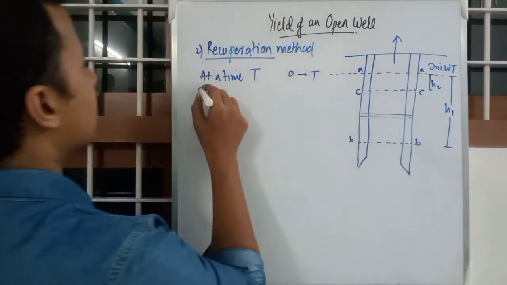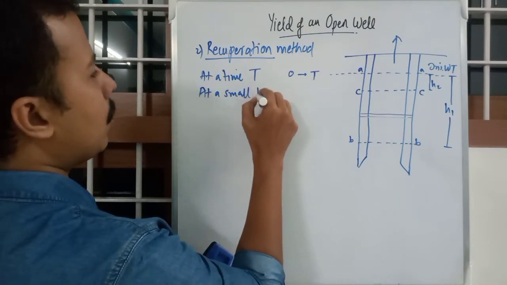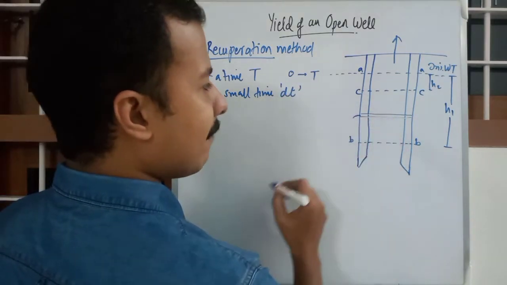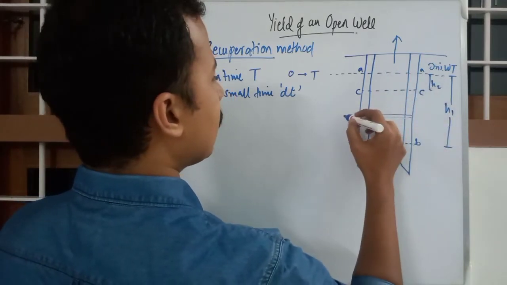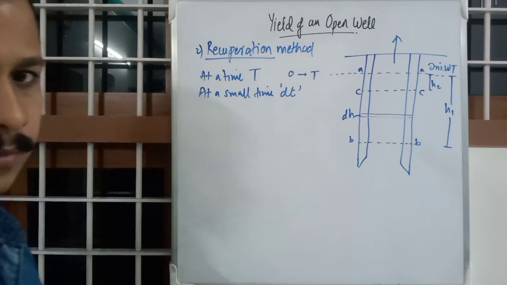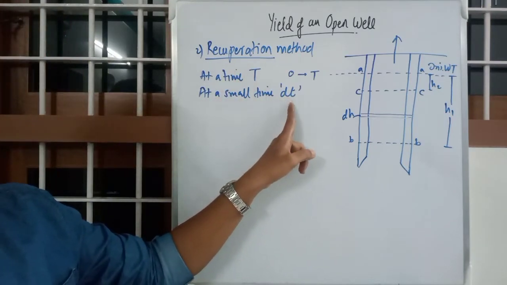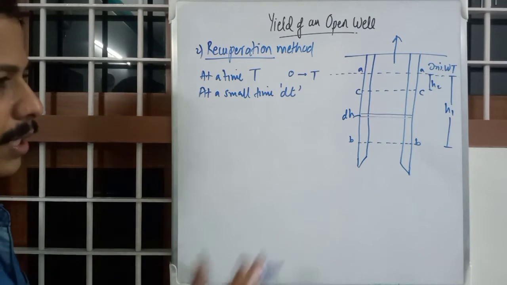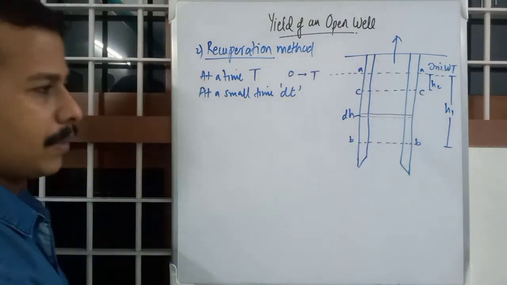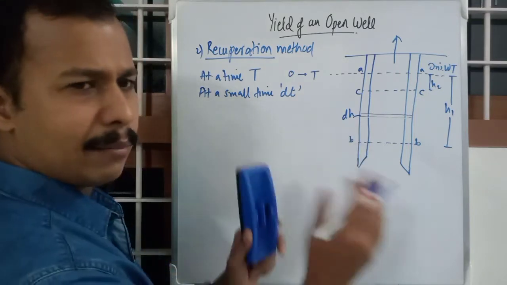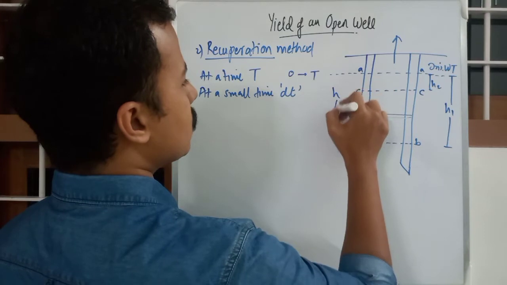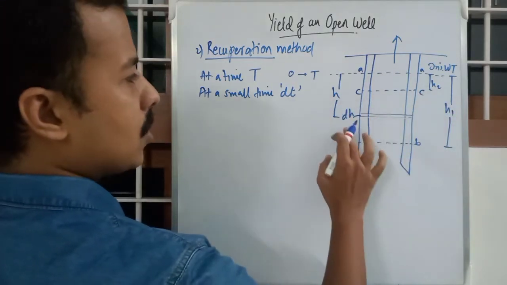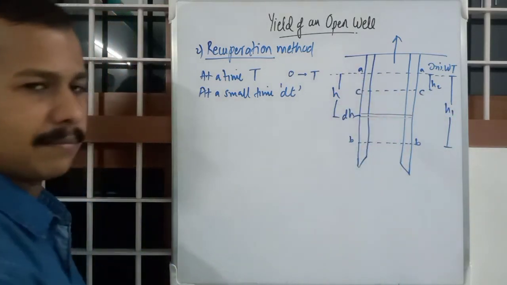At a very small time dt, there is a level difference or decrease of h by dh. Okay, so it is progressively going upwards to meet AA eventually. So we are taking an arbitrary point, and suppose this height is termed as h. Okay, so this is the figure: H1, H2, h, dh, AA, BB, and CC at time t.